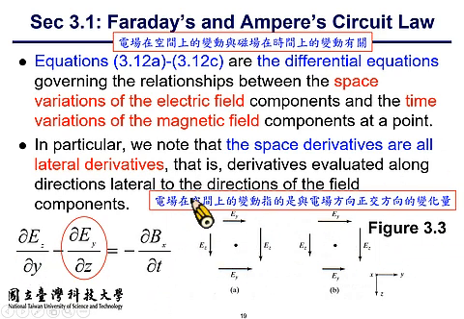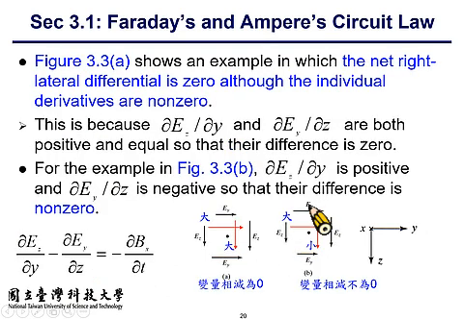And in this slide, it notifies you to be careful about the order of the spatial derivative. For example, if you look, this one is del EZ over del y.